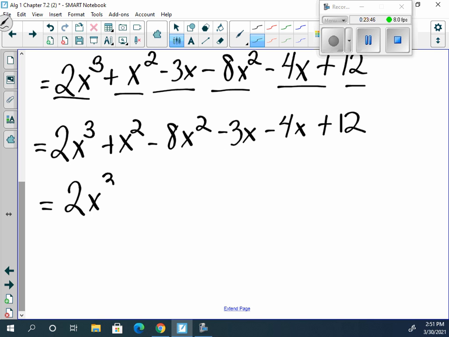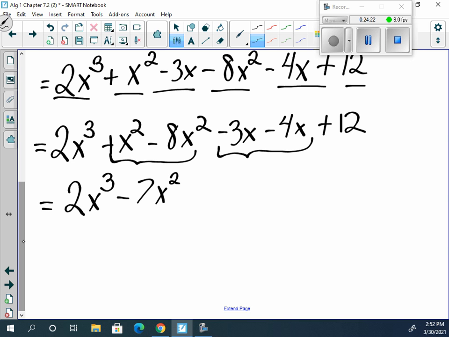Well, 2x cubed is by itself, so it stays the same. Now, x squared minus 8x squared, so 1 minus 8. Negative 7x squared, because we have one of them and we're taking 8 away. 1 minus 8 would give us negative 7. Now the next set of like terms we have is negative 3x minus 4x.